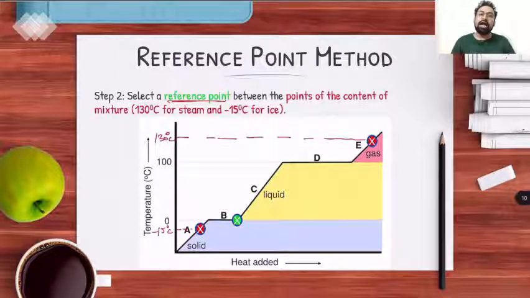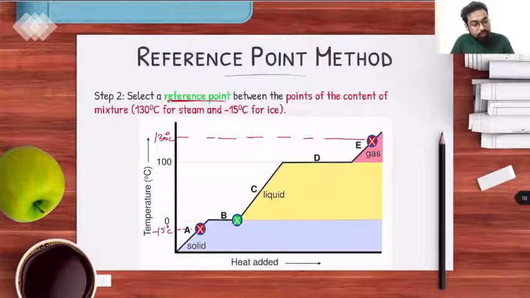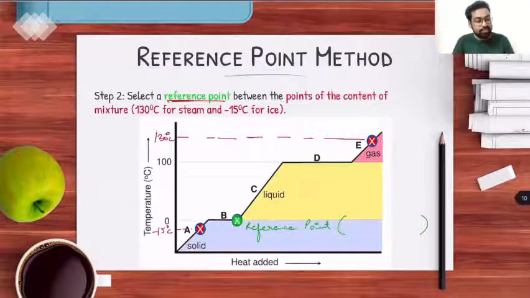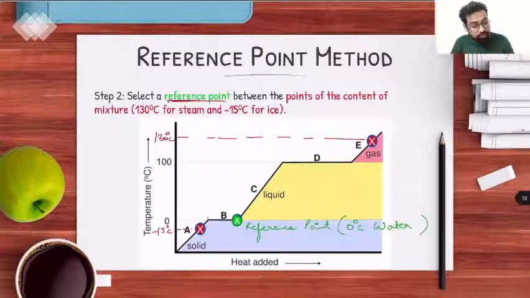I've just taken, for example, that let's consider our reference point is present somewhere over here. This is our reference point, that is B. And if you would be so kind as to see, this is the 0 degrees Celsius all water point. If I had to consider this point, it would be 0 degrees Celsius all ice point.